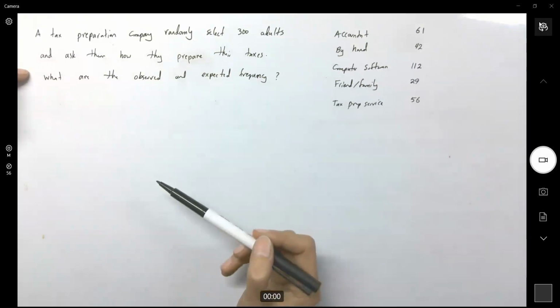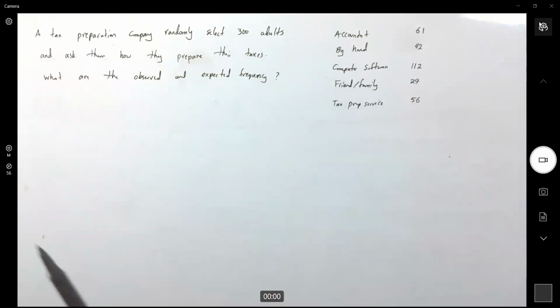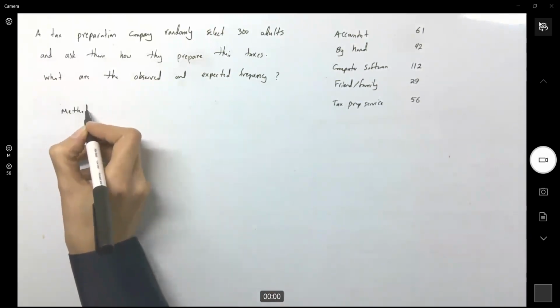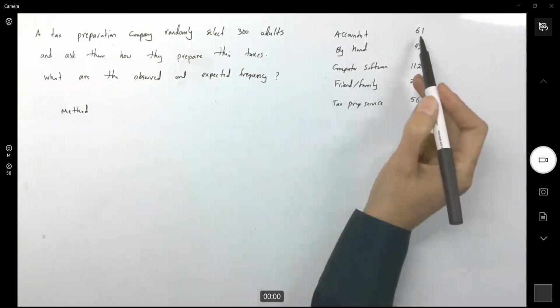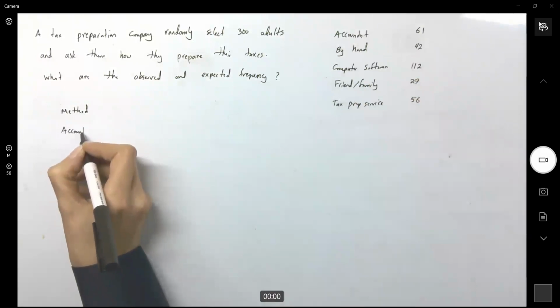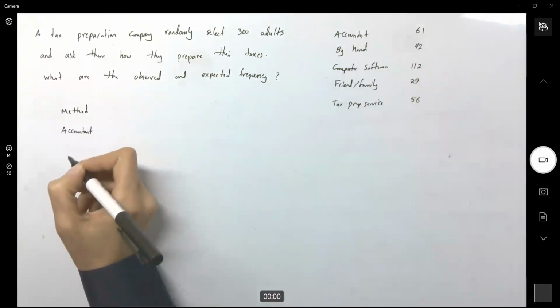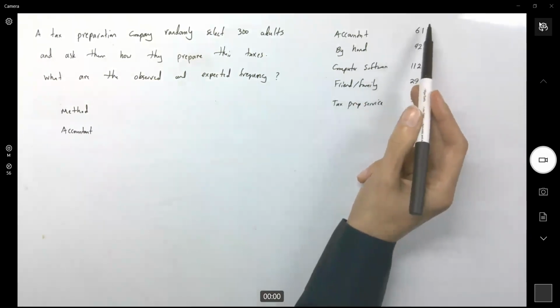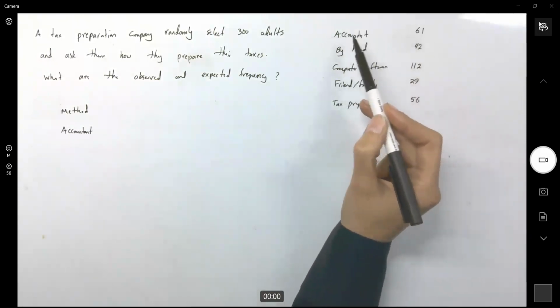Very good. So let us begin. Let us write down the method that people are using. The very first one is using an accountant. What percent of people are using accountants?